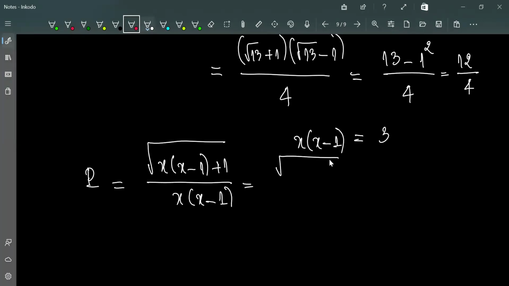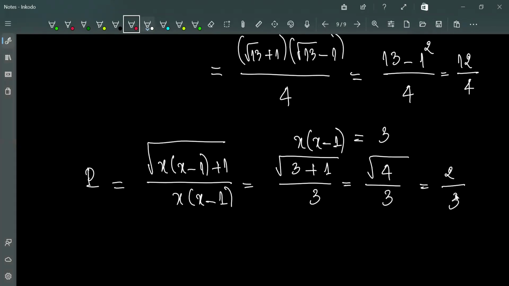So we can write square root of 3 plus 1 over 3. So it equals square root of 4 over 3. Then the square root of 4 is equal to 2. Okay, so right now we know the value of p is 2 over 3.